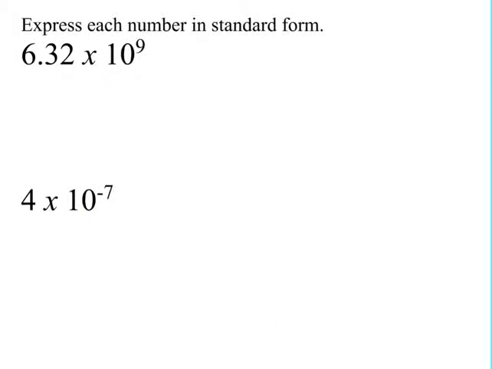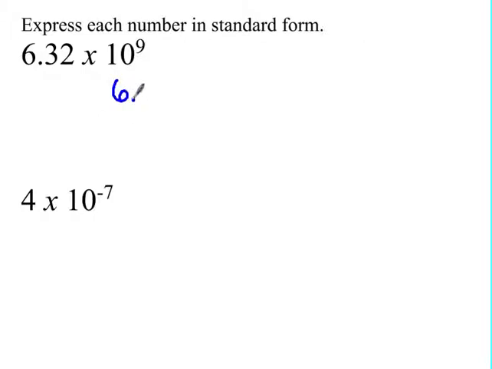Alrighty, so now we're going to do the opposite. We're going to be given a number in scientific notation, and we're going to have to translate that so that it doesn't have scientific notation. Whenever your exponent is positive, you need to make that a really big number. So I've got 6.32.